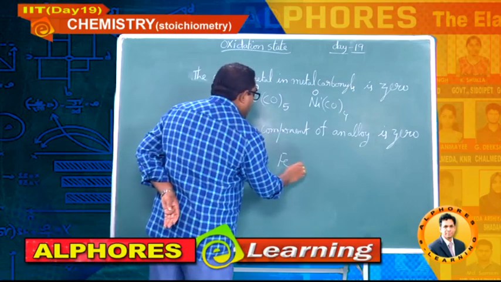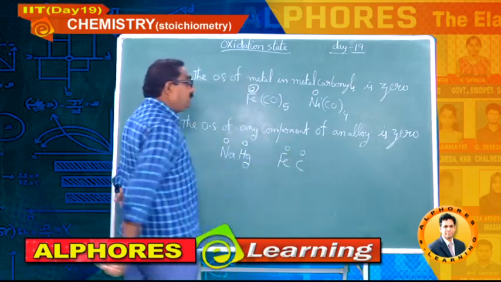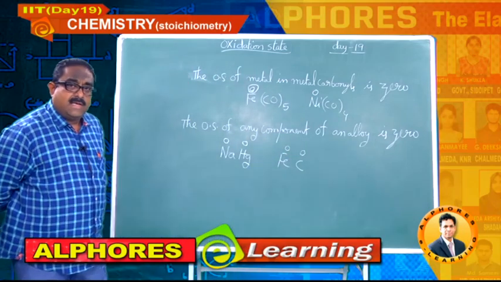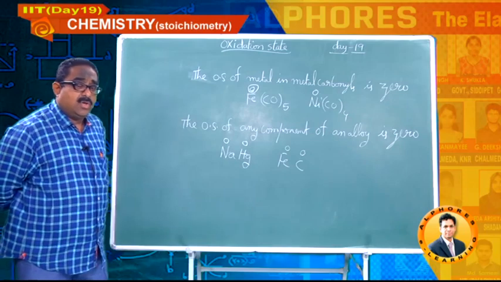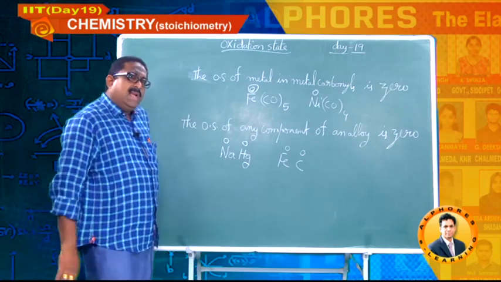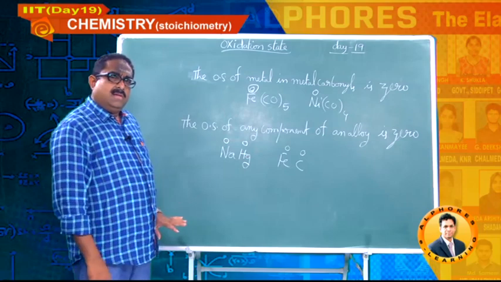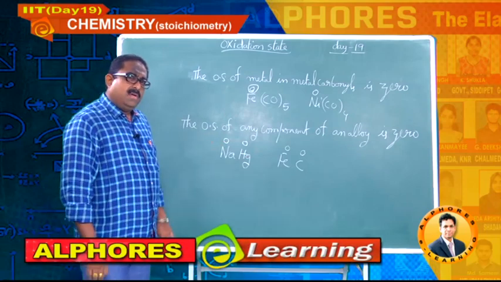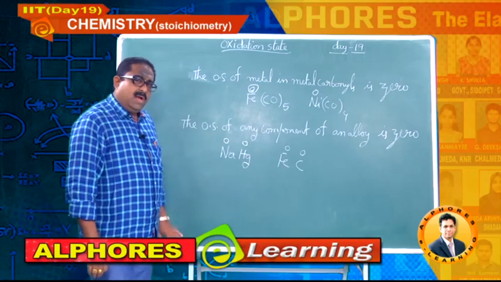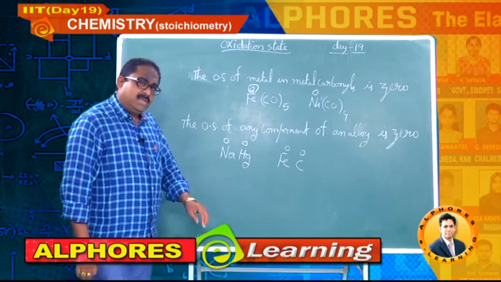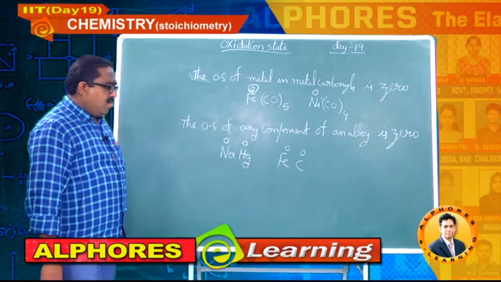Steel, an iron and carbon alloy, the oxidation state of iron as well as carbon is also 0. In any alloy, the oxidation state of all the components is 0 only. Why?